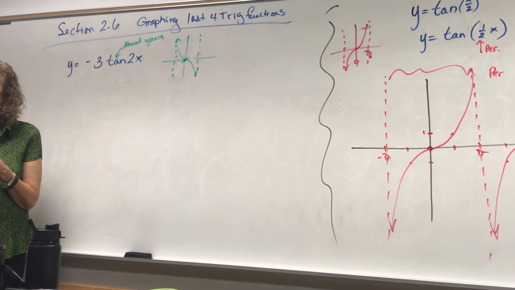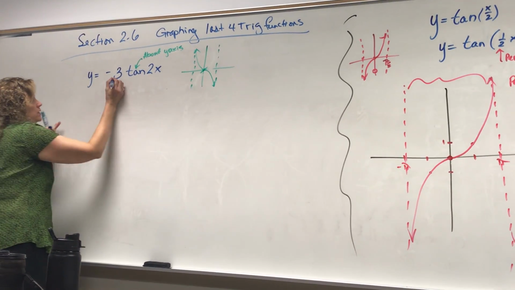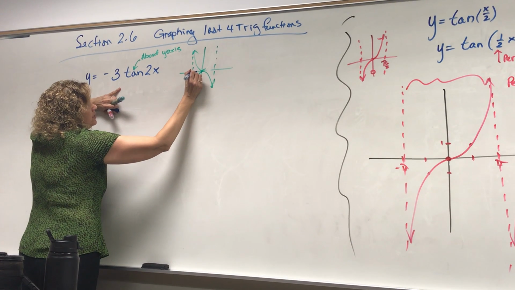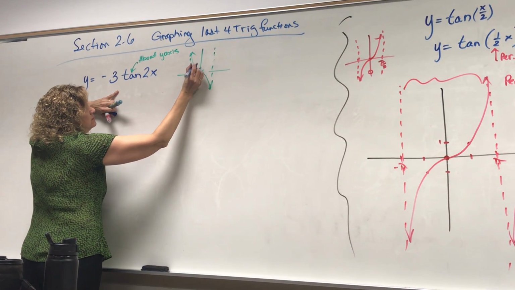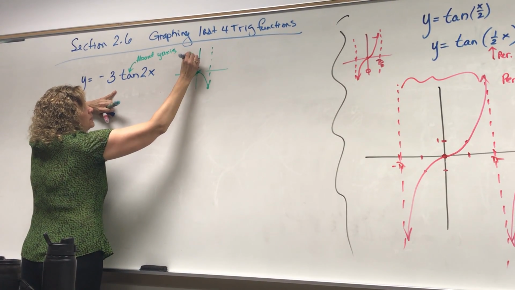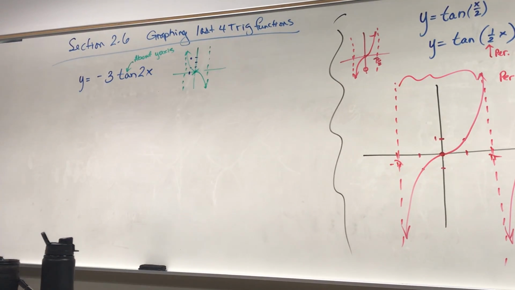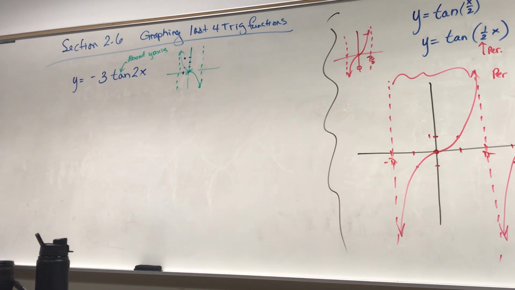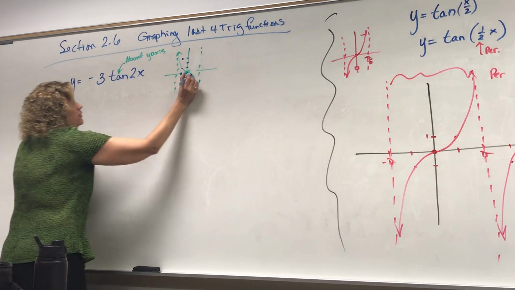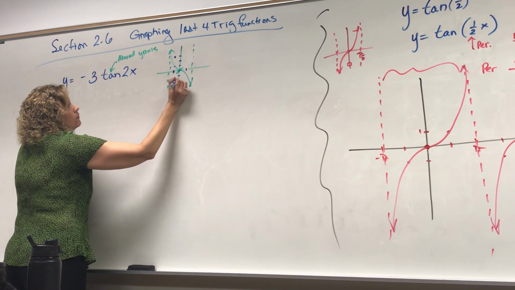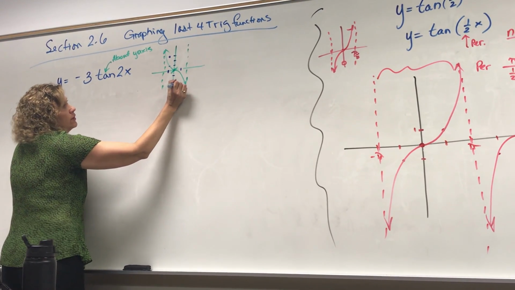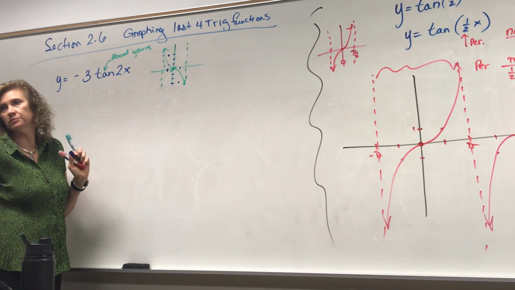We have to be careful: instead of hitting at 1, we're going to be all the way up here, up at 3, 3 times bigger. Over there, you're going to be down 3, because we flipped it.